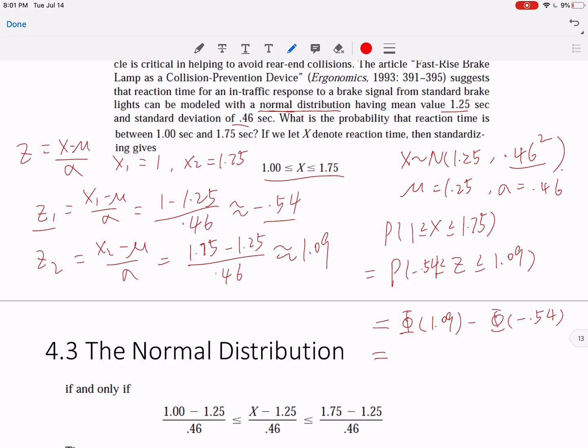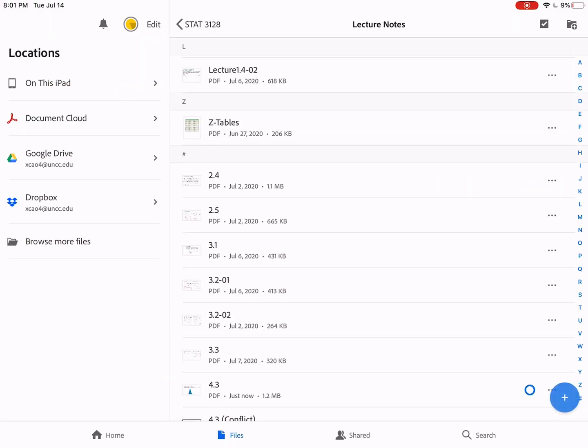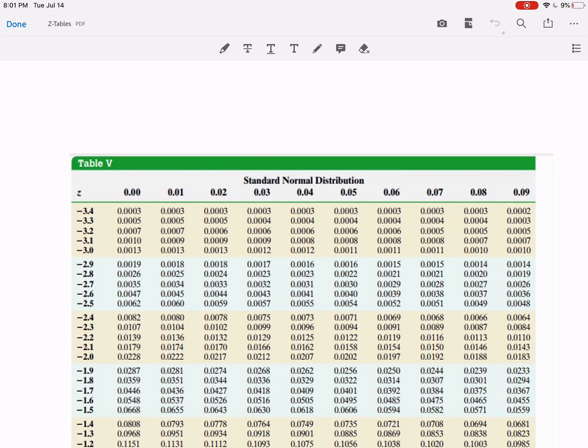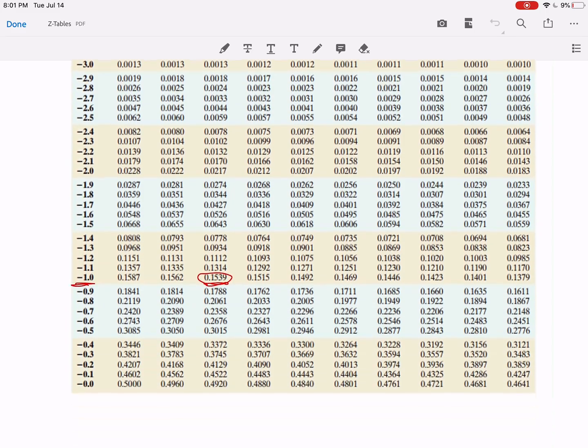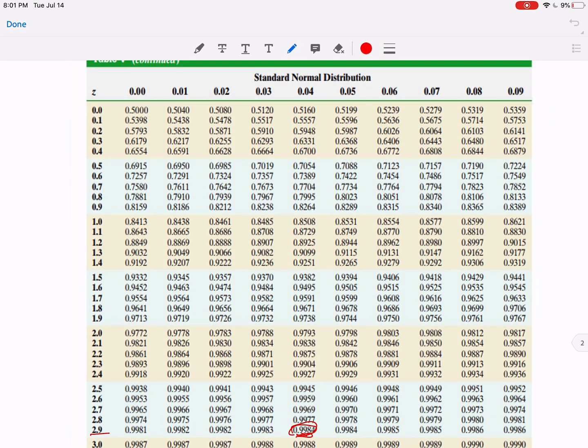So we go back to the z table. The z table is over here. First of all, we want to find the area to the left of 1.09, right? We go to 1.0, and then 0.09 is over here.